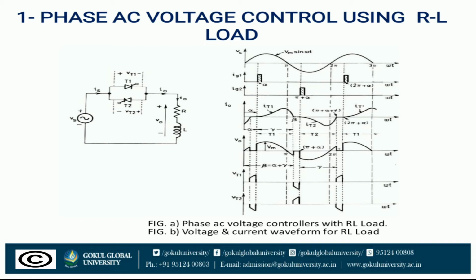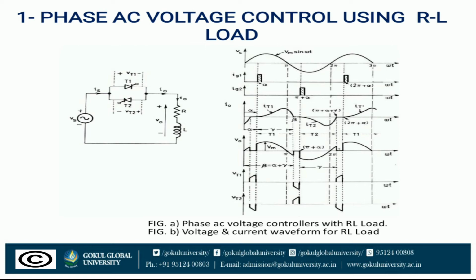let us assume that T1 is triggered at alpha. Let us forget about the period shown before alpha; we will look at it later, but let us start from alpha. IT1, the current through thyristor 1, will rise slowly due to the effect of the inductive load.